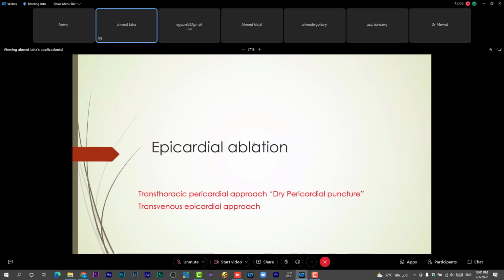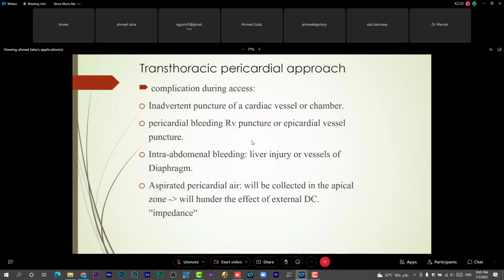Okay. I will give some hints about epicardial ablation and what is called dry pericardial puncture. It is sometimes difficult, but it will be easy if you follow the strategy or protocol that I will give. Okay. Transthoracic pericardial approach.